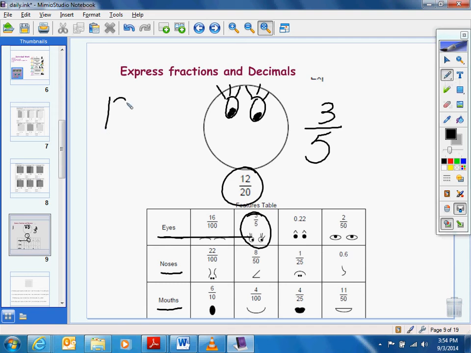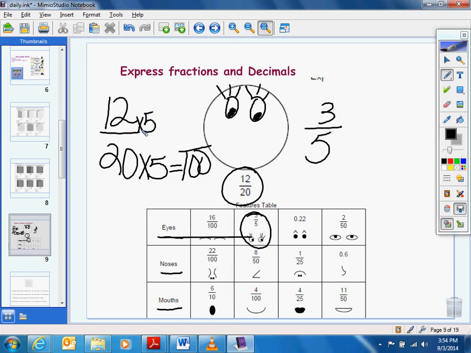So right now my fraction is 12/20. I would like for this fraction to have a hundredth or a tenth at the bottom. How do you make a 20 become a 100? By multiplying by 5. So I'm going to multiply by 5 in the denominator and the numerator.